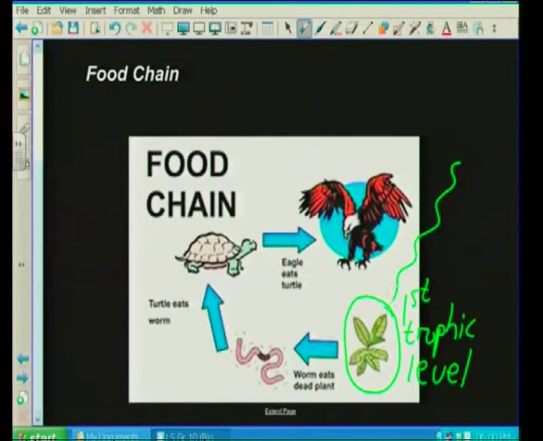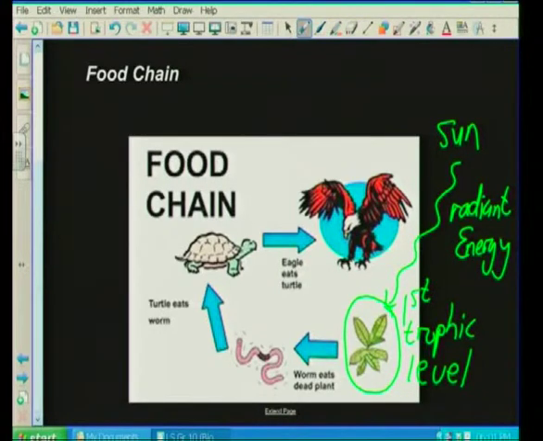Then remember that energy from the sun, never forget this. There's the sun, the radiant energy of the sun. The radiant energy of the sun is now converted into another form, and we're going to use that word, chemical energy. That is our new form of energy, chemical energy.